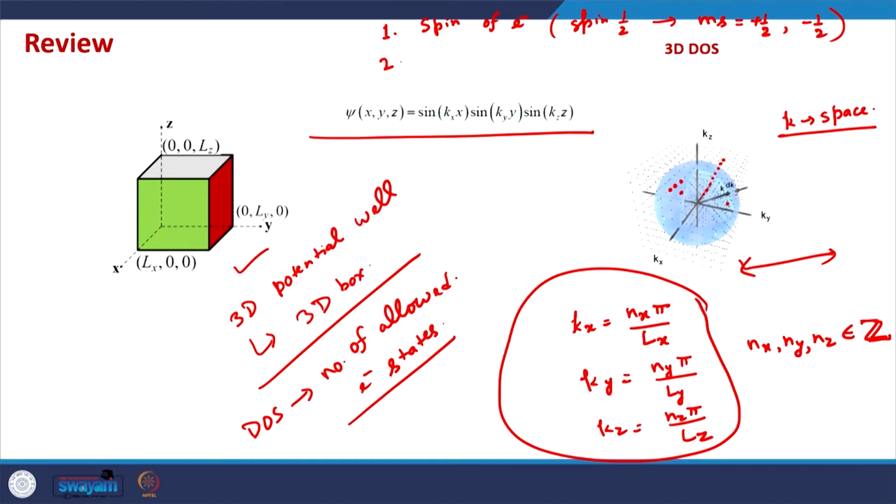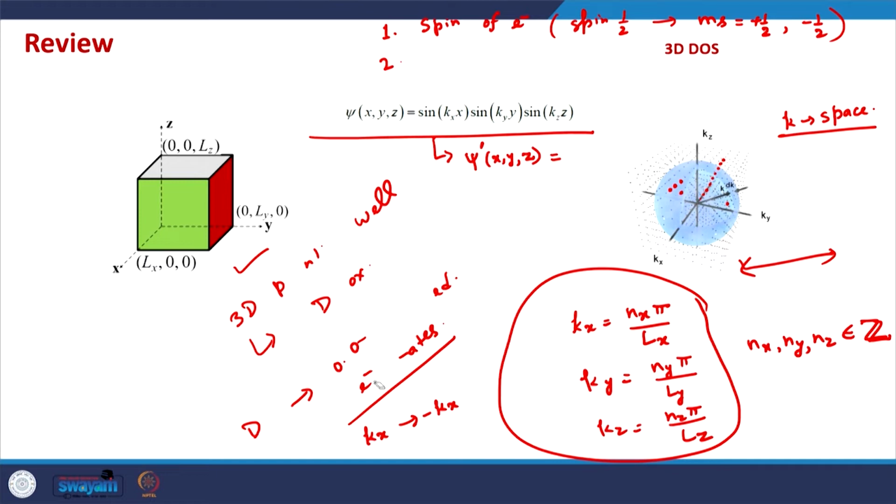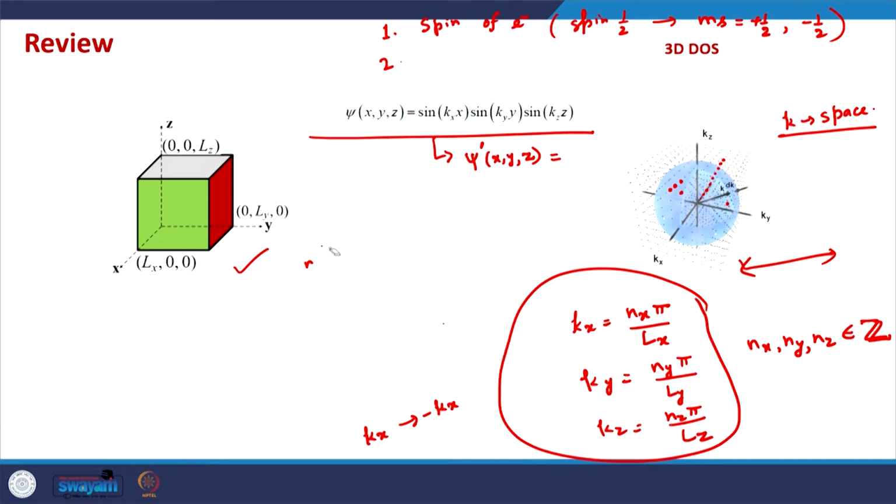The second point is, in addition to the spin states, if we closely look at various points in the k space, what we see is that if we change kx to minus kx, the electronic wave function will change from psi(x, y, z) to psi prime(x, y, z).